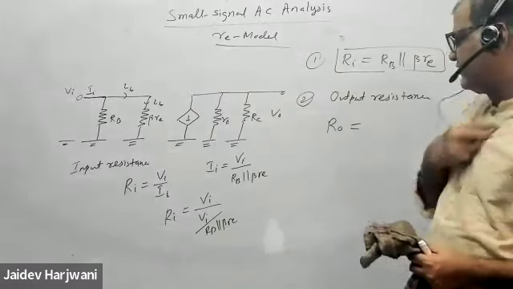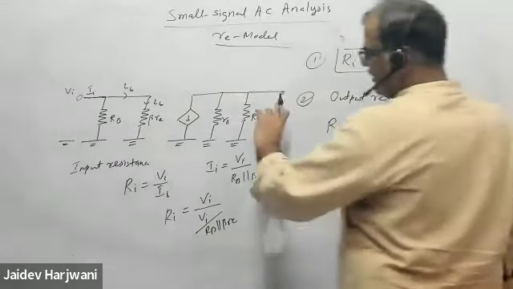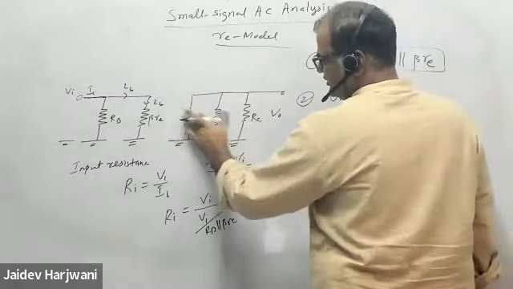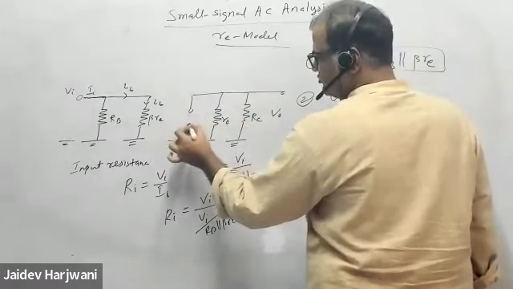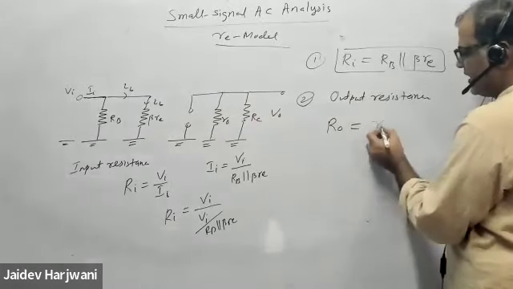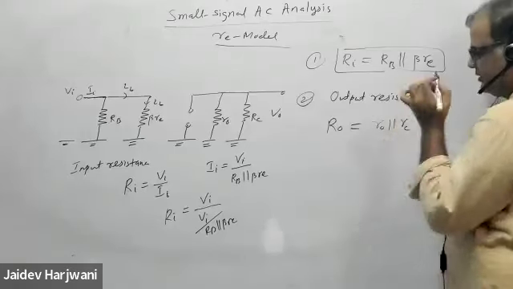To measure R output, I have to turn off all the sources. When I turn off the sources, the current source will be open. So my R output will be simply R0 parallel to RC.